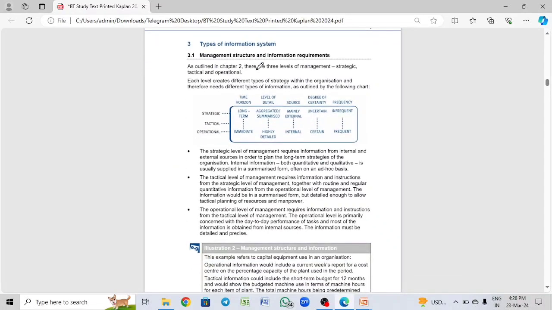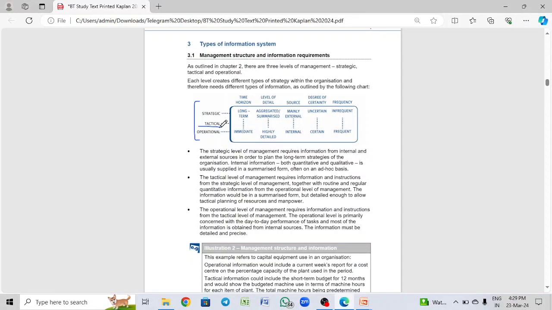Now at various levels in an organization, various types of information are required. For operational, it is the day-to-day information required for the day-to-day operations of the activity. At the tactical level, information on a regular basis is required, for example on a monthly, quarterly or weekly basis.